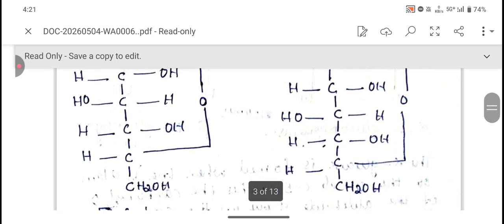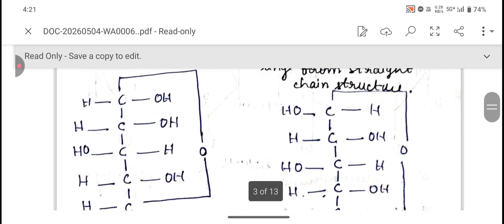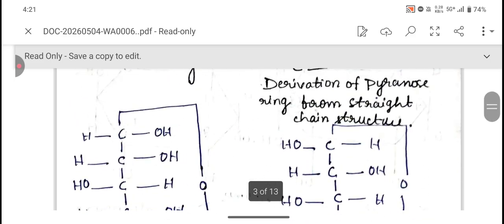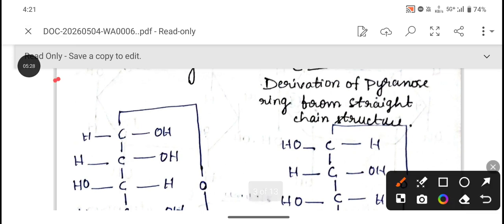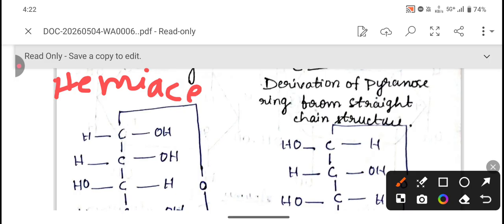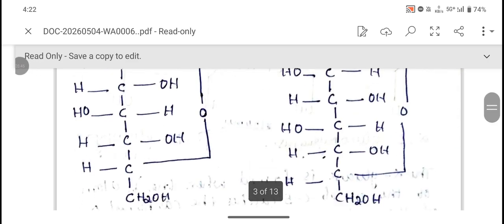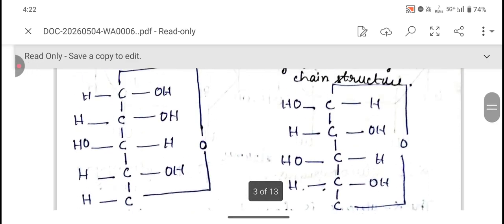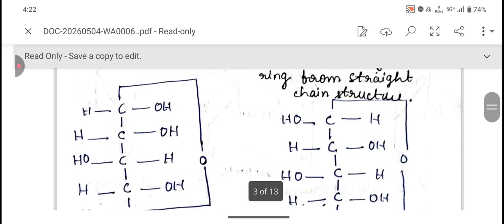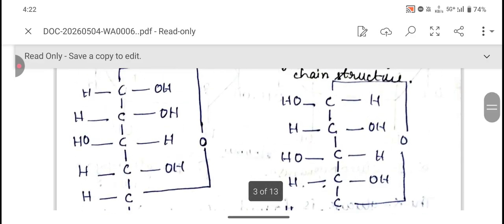These structures are called hemiacetal structures, or hemiacetal rings. How are the hemiacetal rings formed? They are formed due to the condensation of the hydroxyl group of the fifth carbon with the first carbon atom.